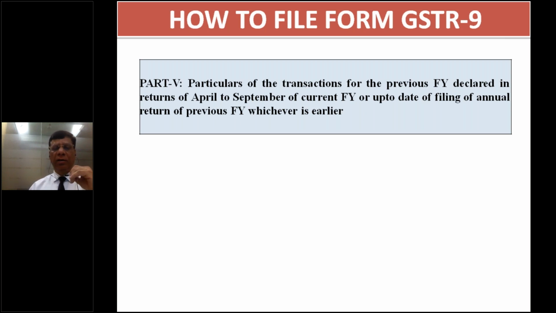So there are provisions within the law that in the subsequent year, up to September, you can always claim your ITCs, and for an unlimited period of subsequent period, you can declare your outward supplies and pay taxes.